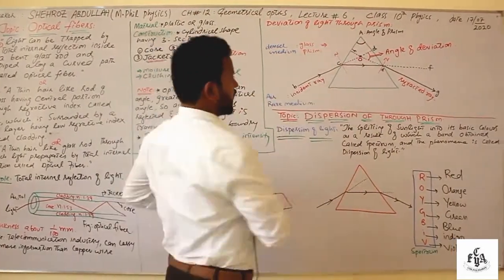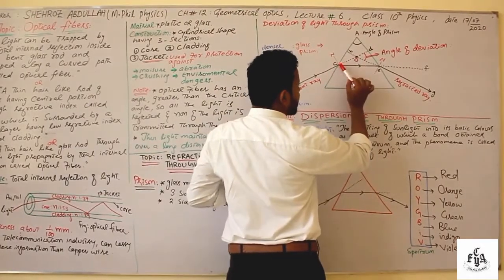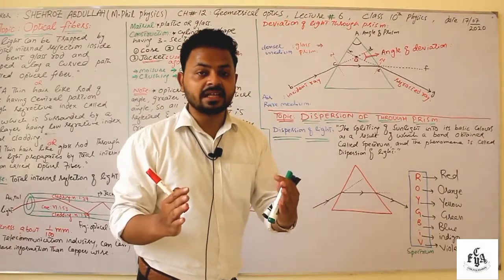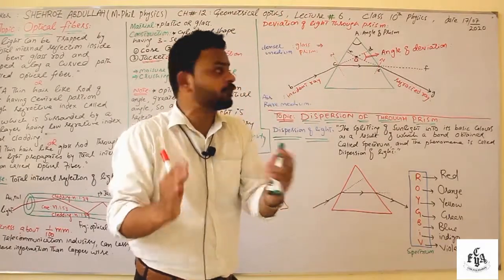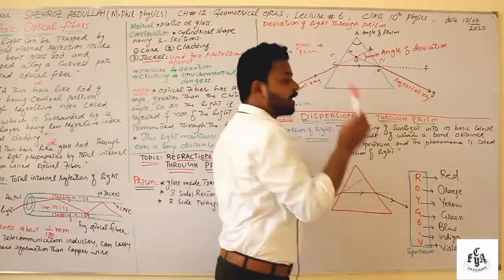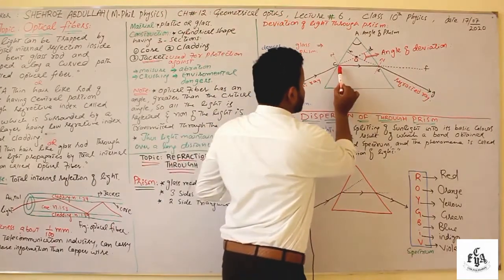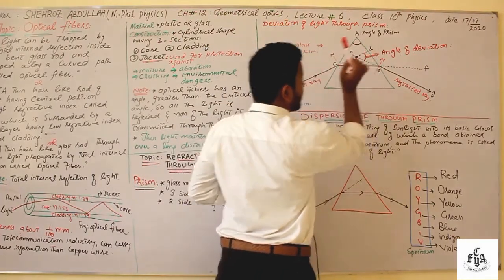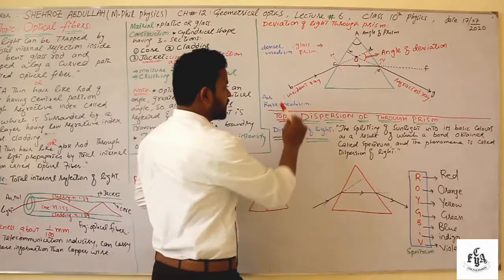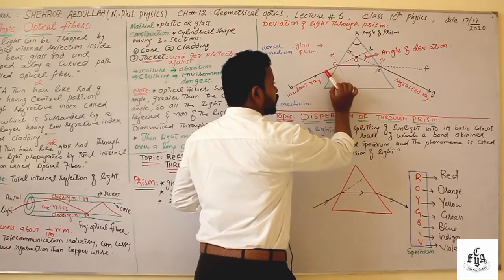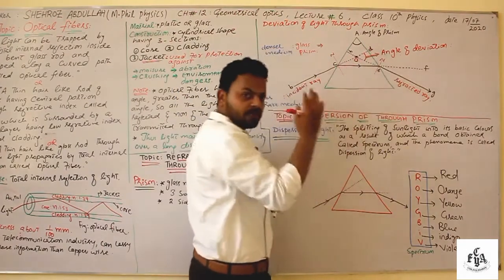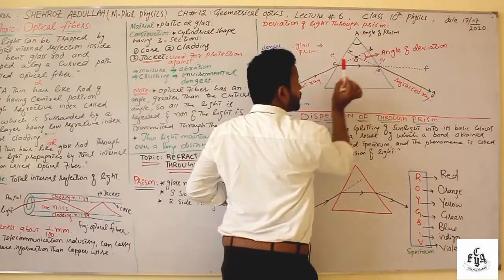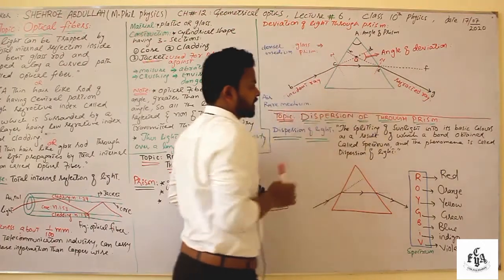According to the rules the ray should follow the path CD, but in real sense due to refraction it does not follow CD path, it follows CE path.